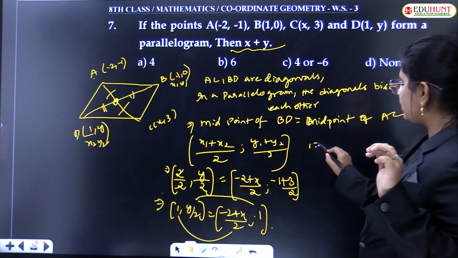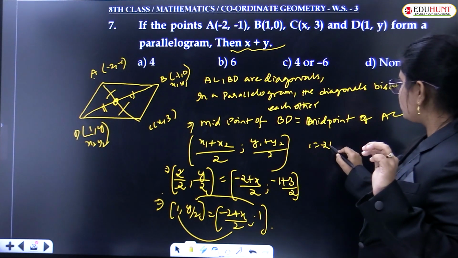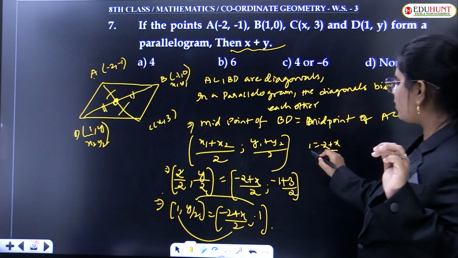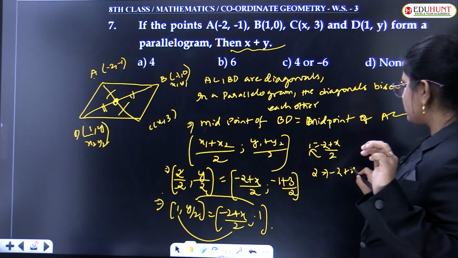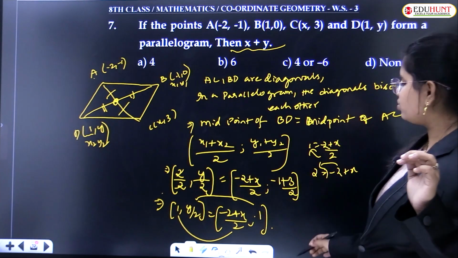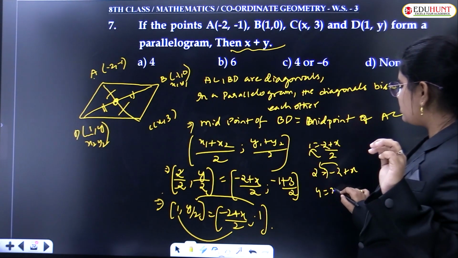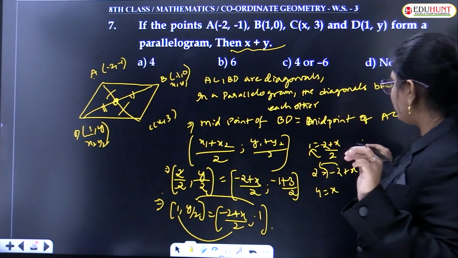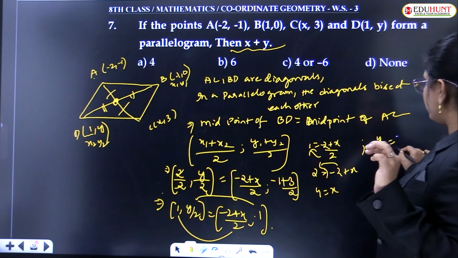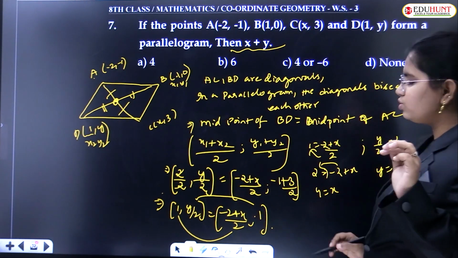So 1 equals (minus 2 plus x) by 2. Transferring 2 to this side, 2 equals minus 2 plus x, so x equals 2 plus 2, which is 4. Similarly, y by 2 is equal to 1, so y is equal to 2.